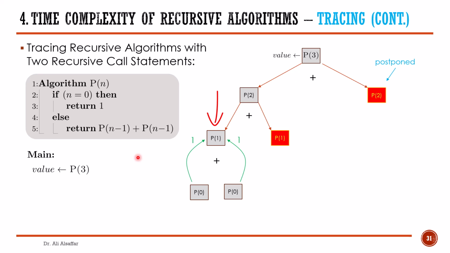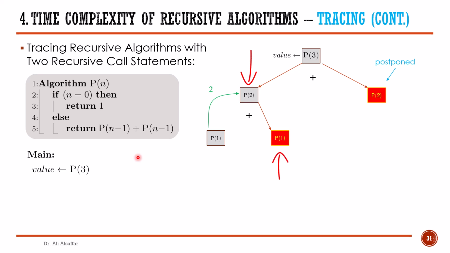Now P1 has received the return values from both of its children calls. It will add them and return 2 to its parent P2. Now the algorithm is back to P2. It has finished the left call with a return of 2, and it is time to execute the right postponed call P1.